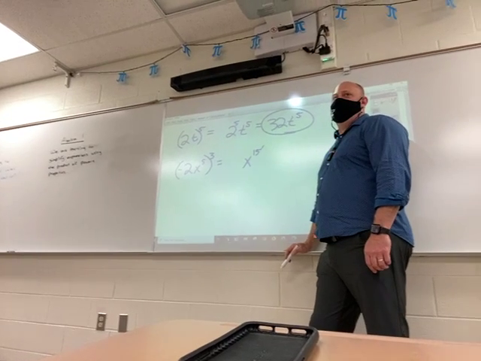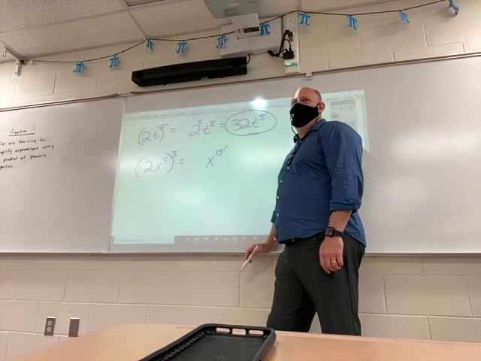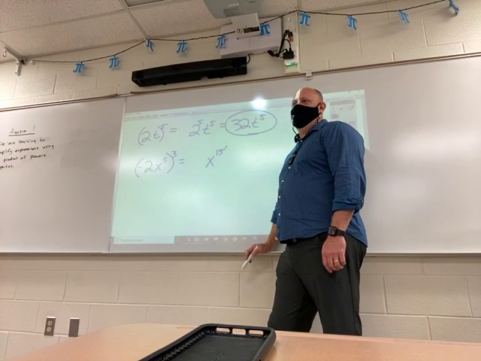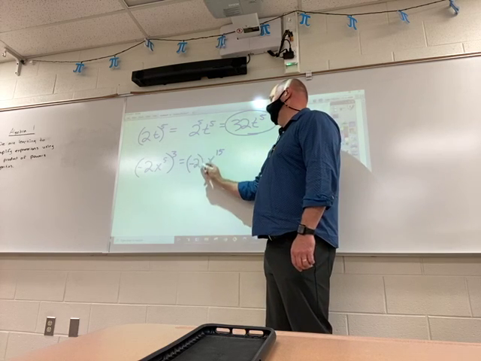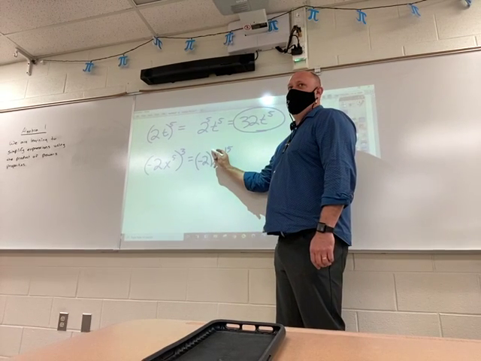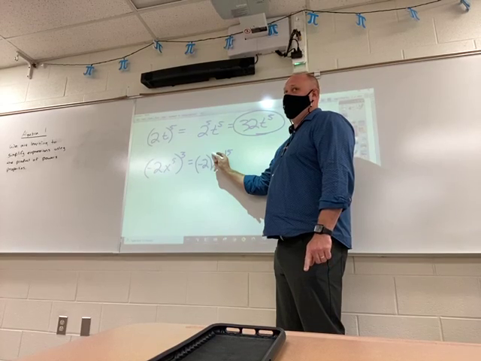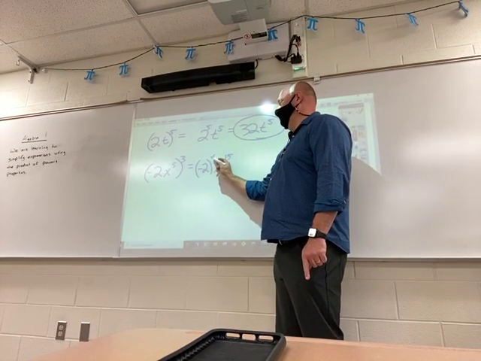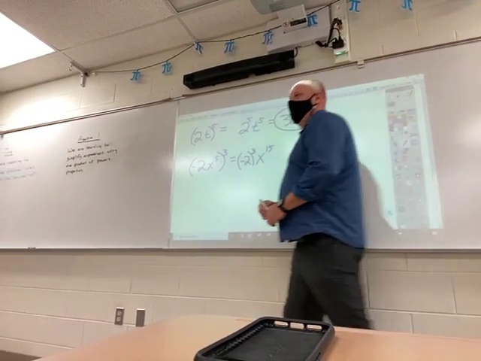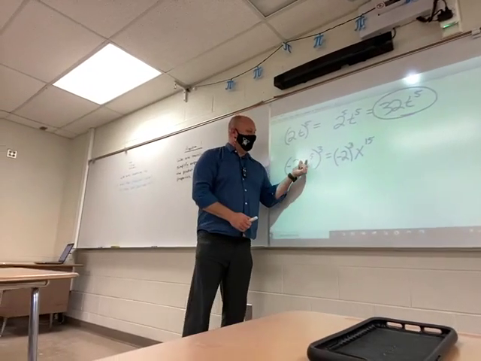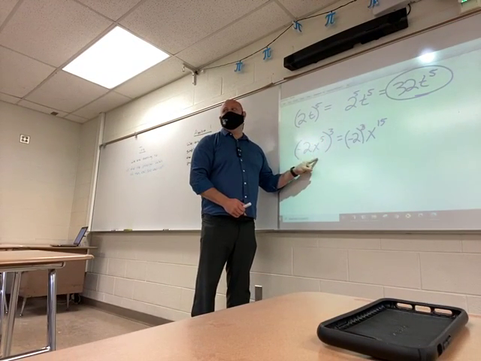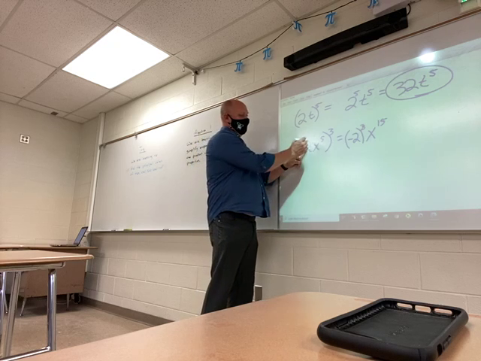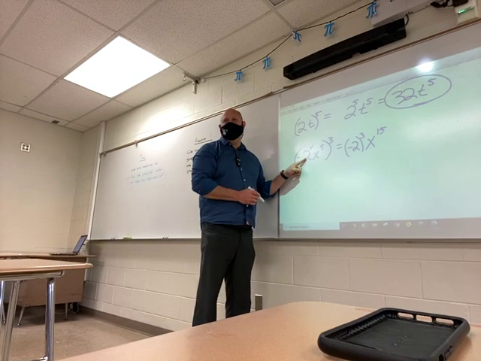What about the negative 2? I have to raise the negative 2 also to the, not the 15th, 3rd power. This x to the 5th has to get raised to the 3rd power. That 5 is only connected to the x. The negative 2 is raised to the 1 power.